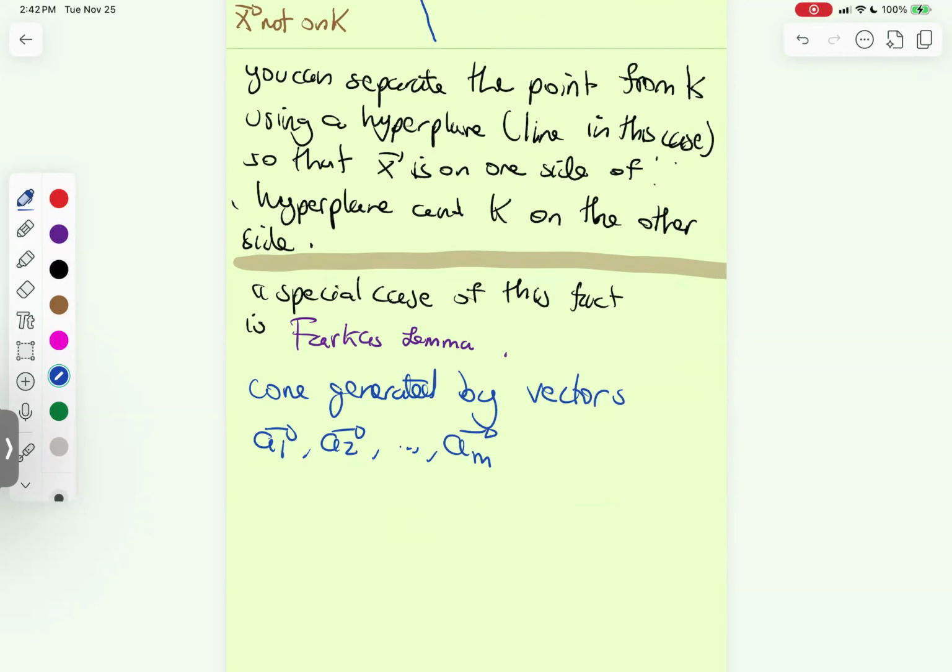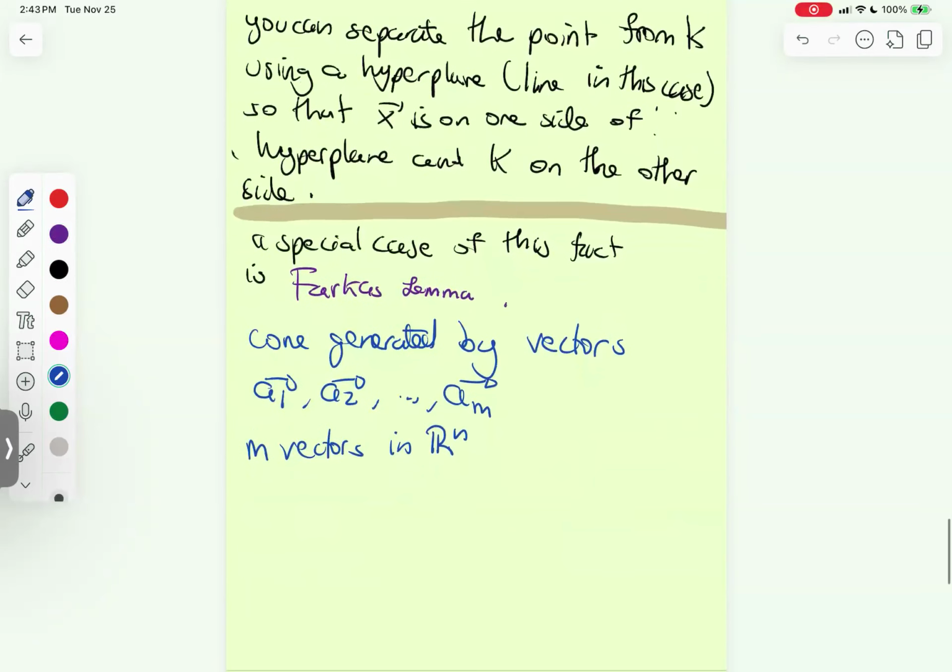Let's say you have n vectors in R^n. The cone generated by those vectors A1, A2, up to AM is what's called a cone.